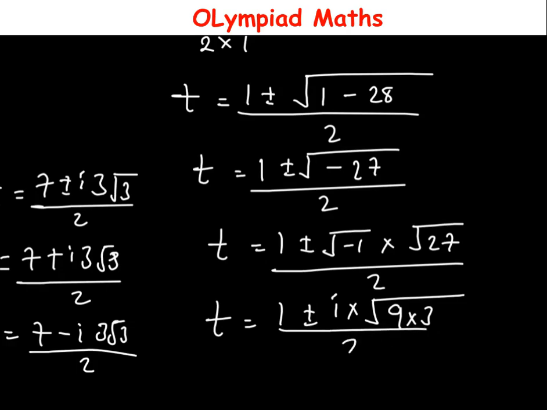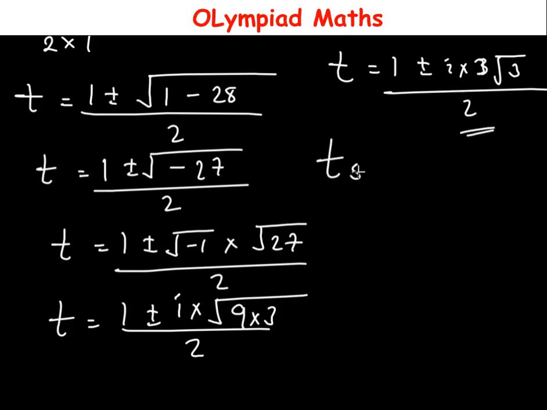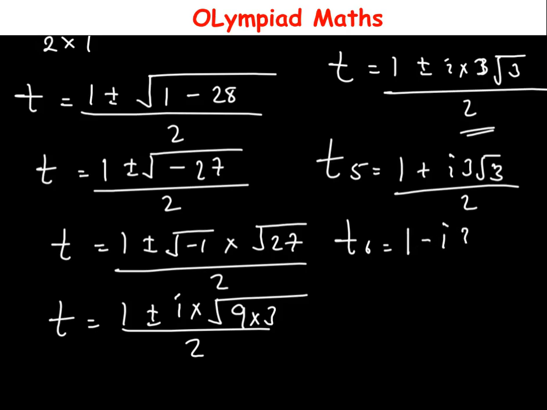So t is equal to 1 plus or minus i times root 9, which is 3, times root 3, all over 2. So the value of t5 is equal to 1 plus i3 root 3 over 2, and the value of t6 is equal to 1 minus i3 root 3 all over 2.